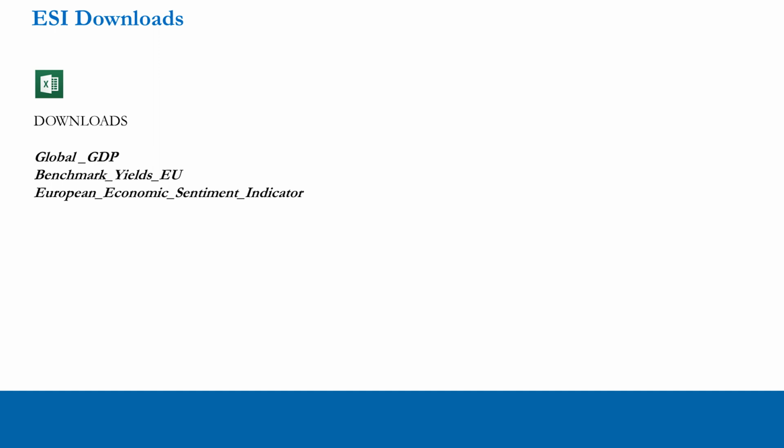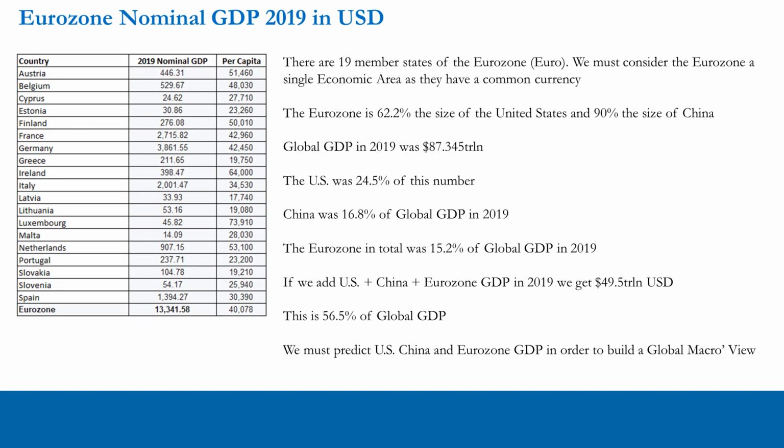Now, before we get into the European Economic Sentiment Indicator, the ESI, we have to understand some important stuff about Europe and specifically European GDP and how it fits into the global picture. There are two ways of defining Europe.